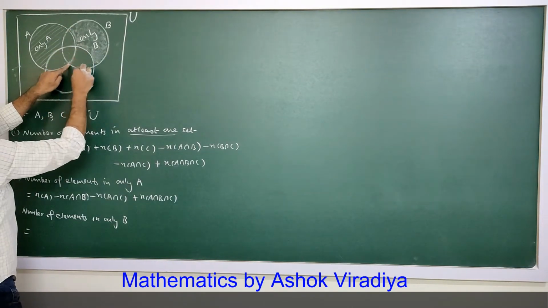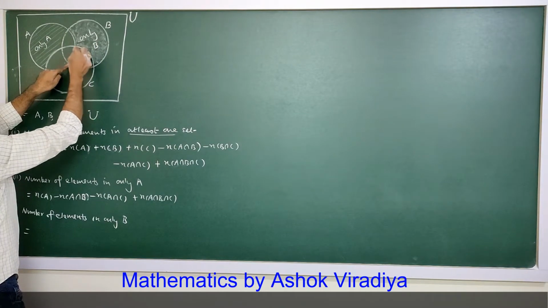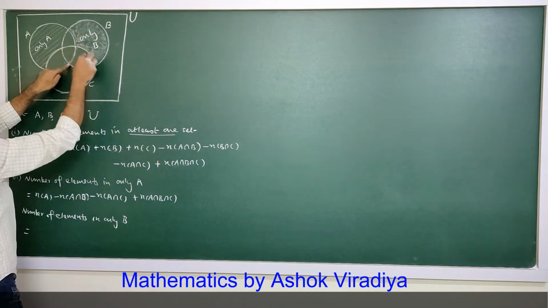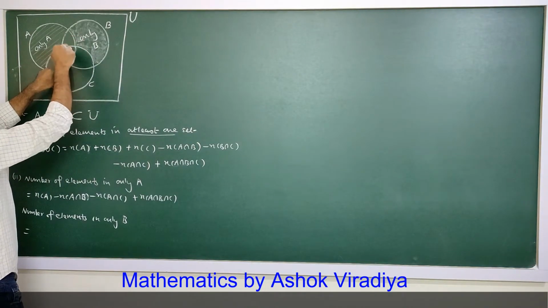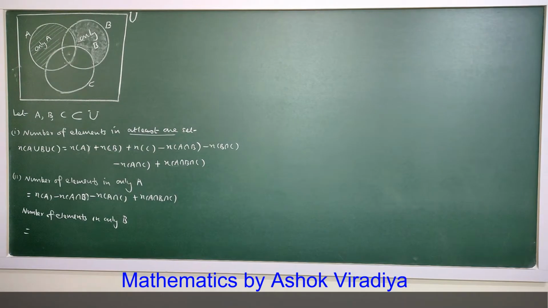Then now we want to remove this part. For that, first of all, remove B intersection C. This is subtracted 2 times. So then add 1 time, plus A intersection B intersection C.